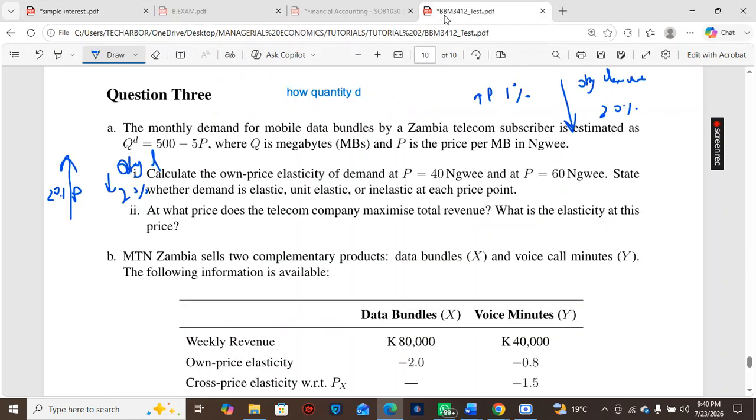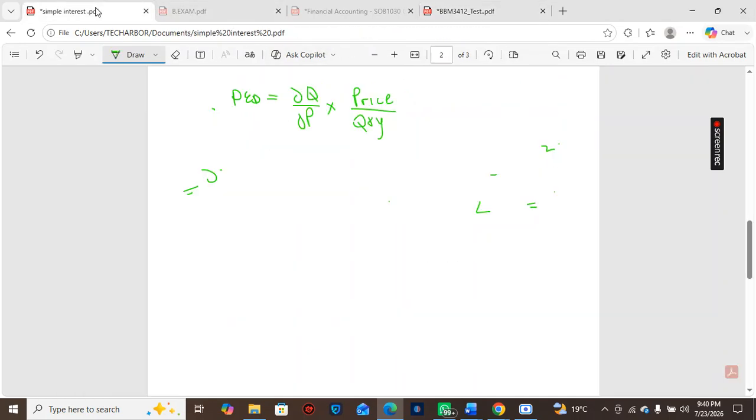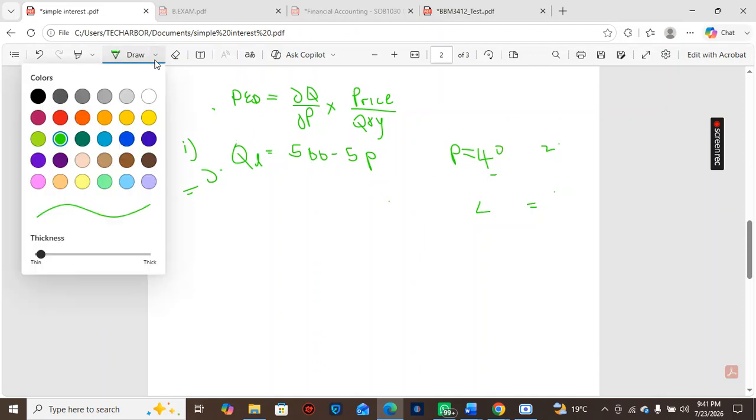So our demand function is QD equals 500 minus 5P, and we're doing part one, where P equals 40 Ngwe. First things first, we need to derive our demand function.